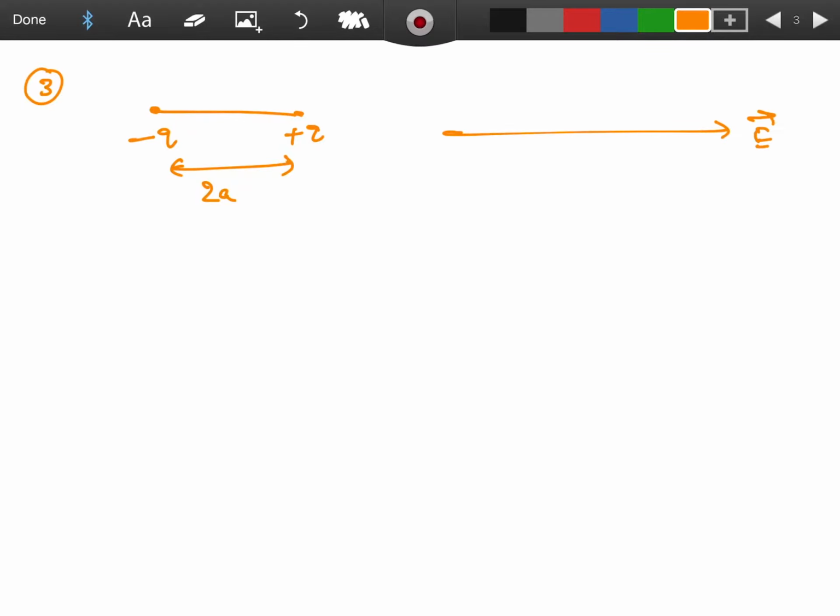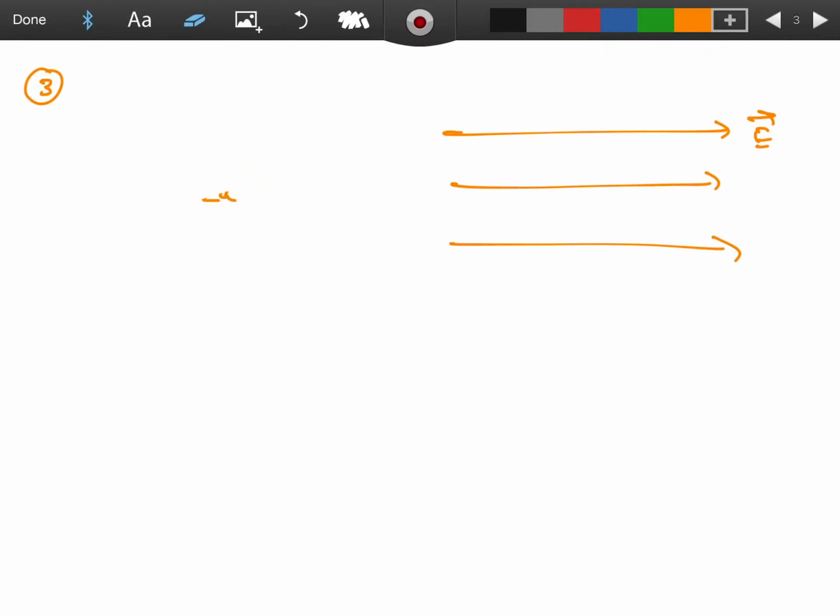Electric field is like this. Now unstable equilibrium means that condition, potential energy should be maximum, which is potential energy equal to minus PE cos theta.